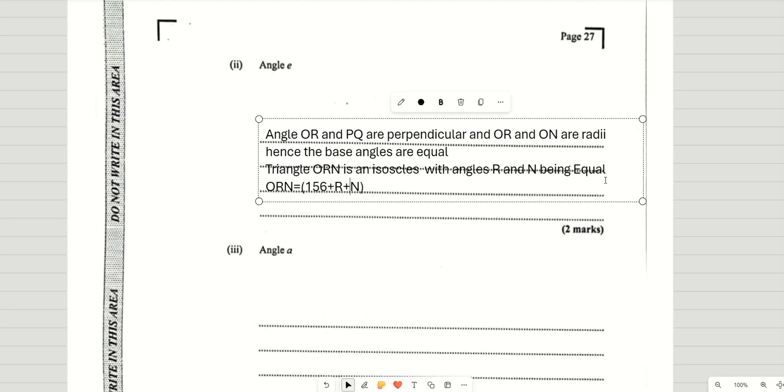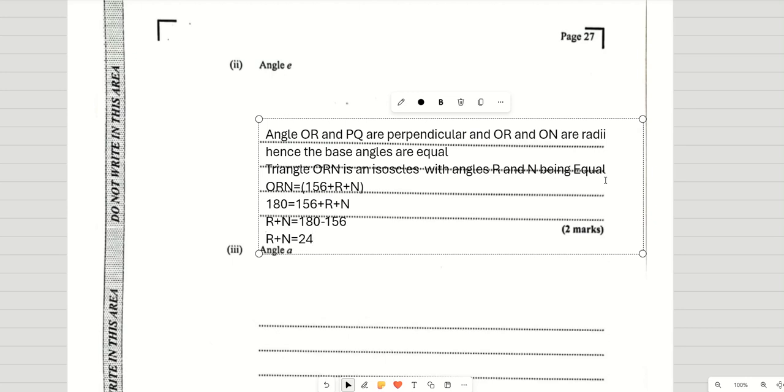So 180 is equal to 156 plus R plus N. Alright, so R plus N would be 180 minus 156. So R plus N is equal to 24.